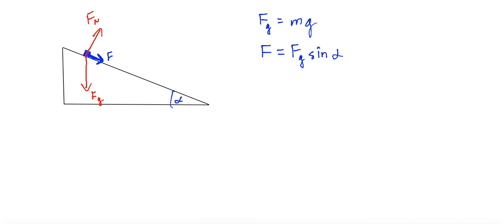If the angle is smaller, then sine is smaller, which means that F is smaller, and the object accelerates less. We derived also the equation for the normal force. It is Fg times cosine of the angle. Remember, Fg is given by m times g. And we derived the expression for acceleration: g times sine of the angle.